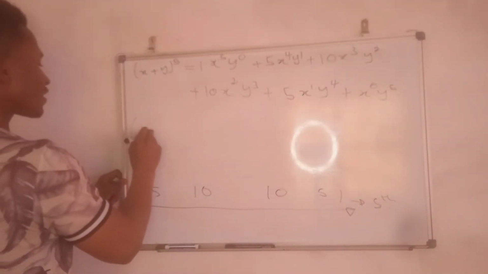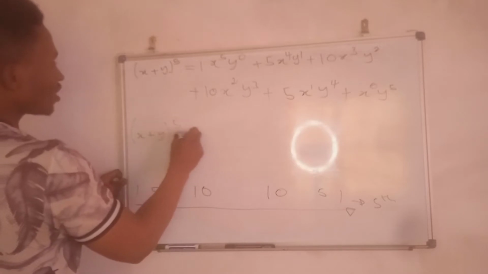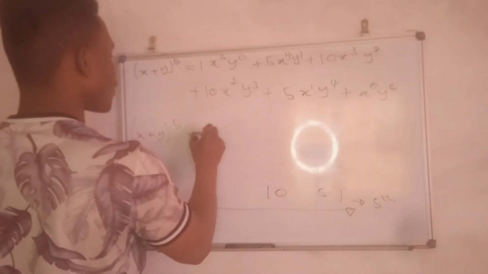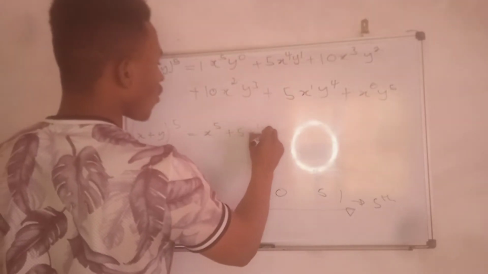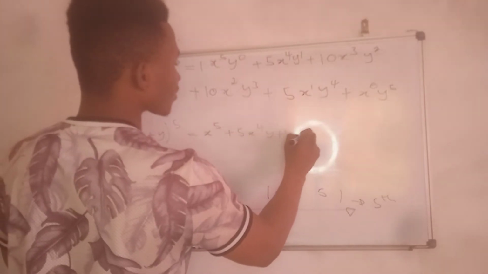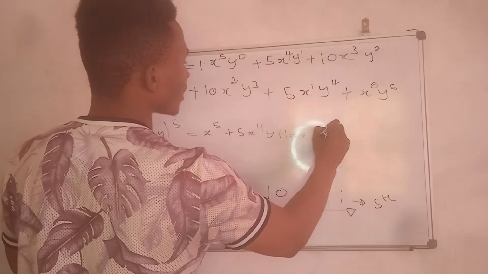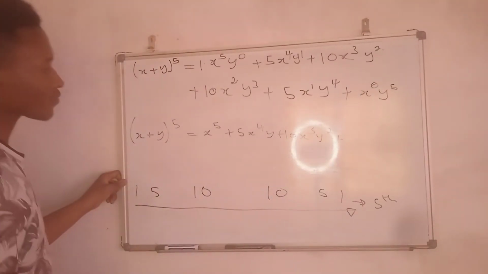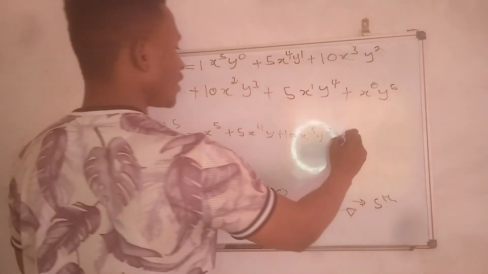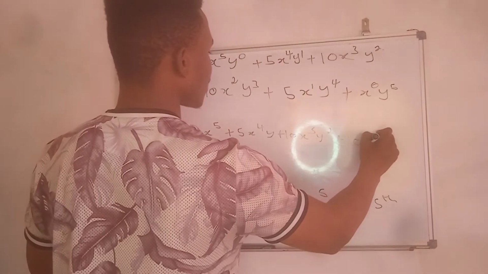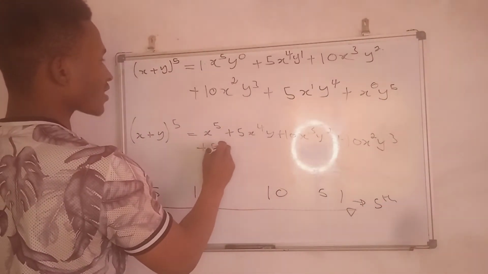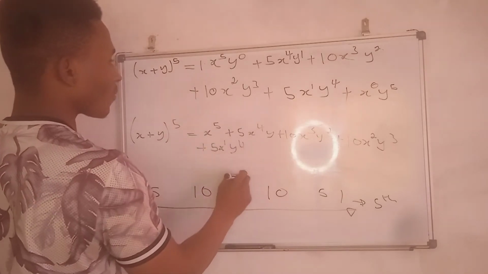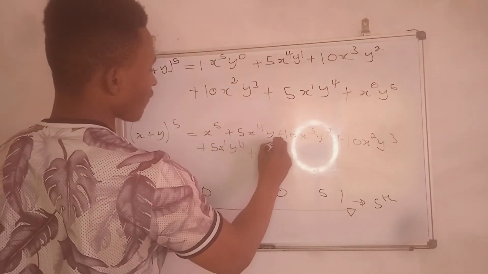So this is the same as x to the power 5 plus 5x to the power 4 y plus 10x to the power 3 y squared plus 10x squared y cubed plus 5x y to the power 4 plus y to the power 5.